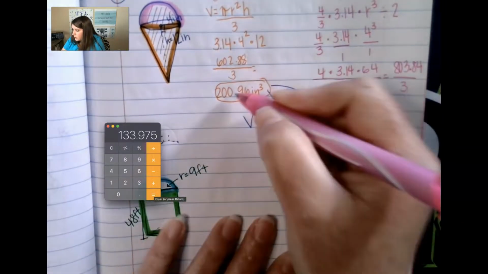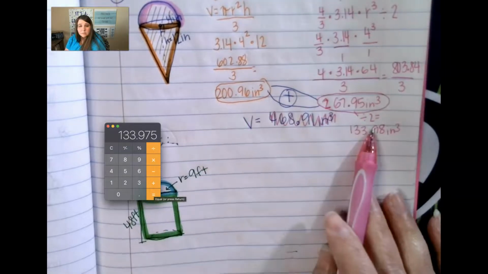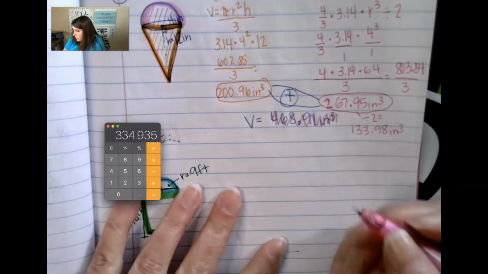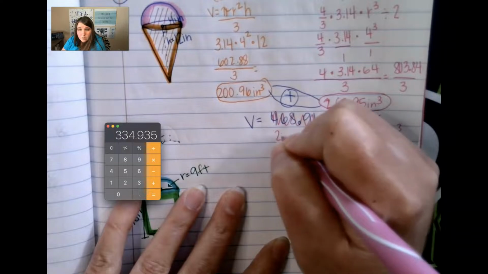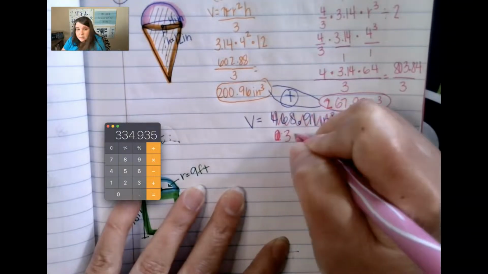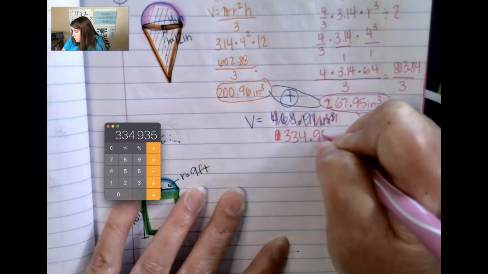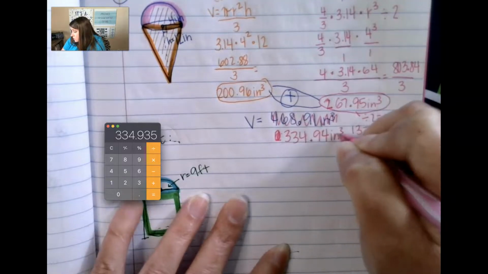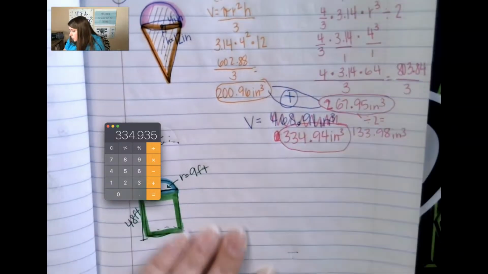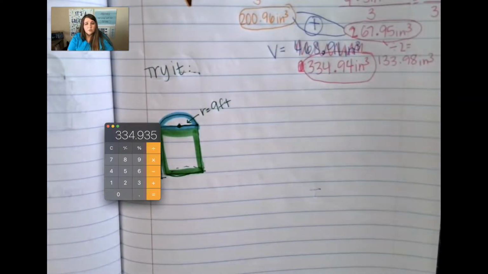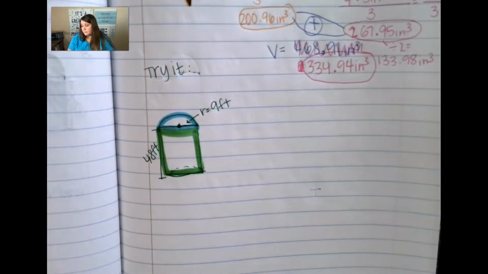So your total volume then, 200.96 plus this is going to give you 334.94 inches cubed. I don't know why I keep forgetting things. This is why you have to go back and double check your work. So sorry about that, and it's super messy. Okay, I promise we won't forget to divide by half on this one.